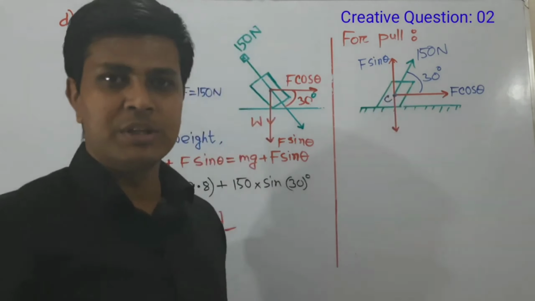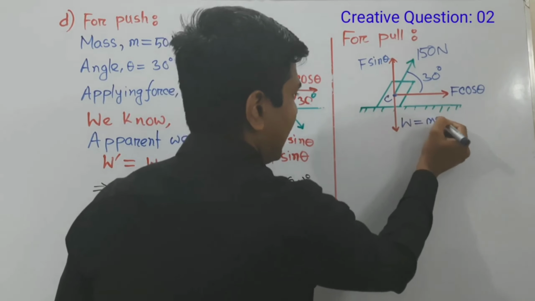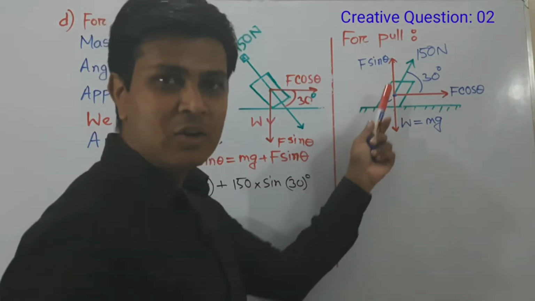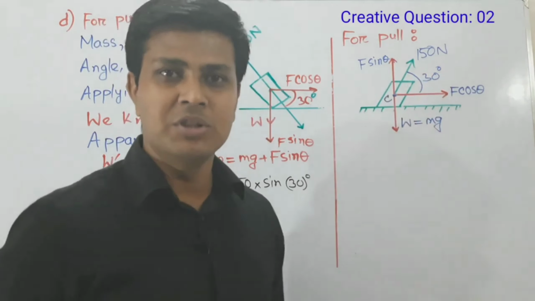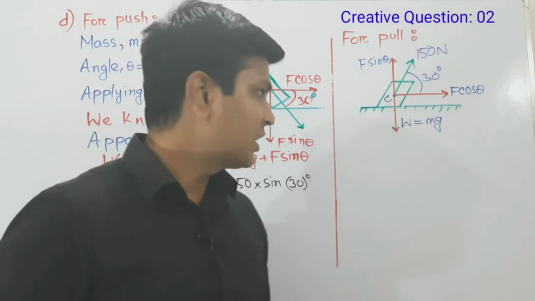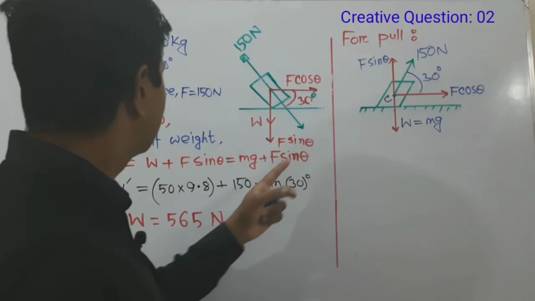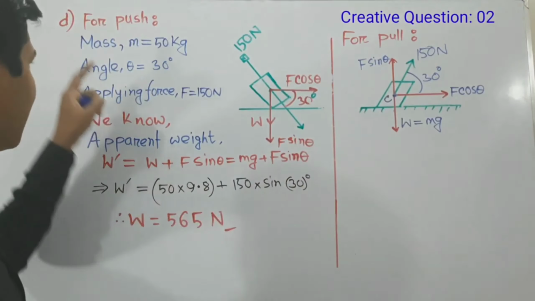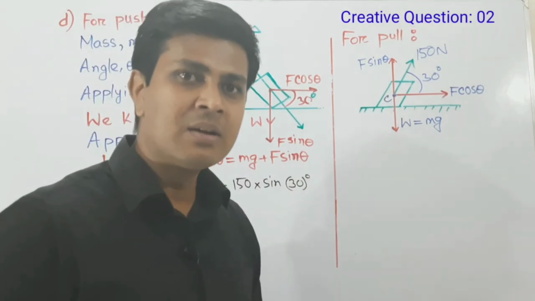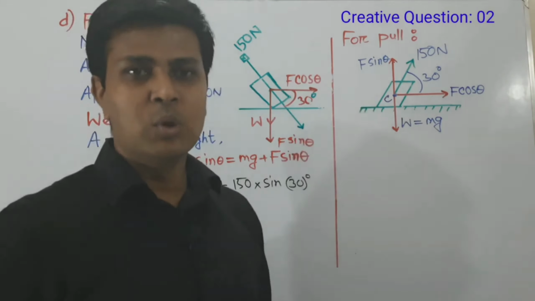The weight of the suitcase acts downward, that is W equals to mg. You can see here weight and the vertical component of the applied force act opposite to each other. So the apparent weight of the suitcase will be subtraction of the weight and the vertical component of the applying force. We have already written the given quantity here, so there is no need to write it again. We just write the formula of apparent weight of the suitcase for pulling.